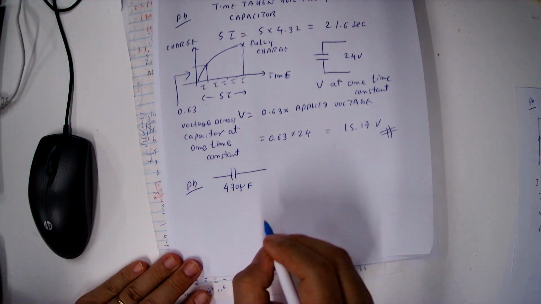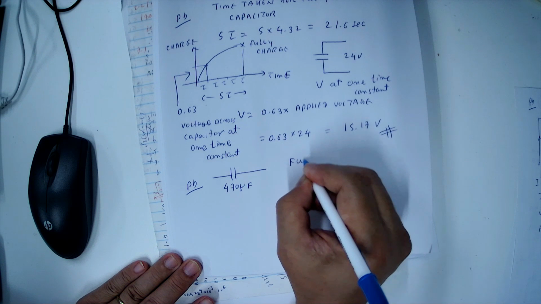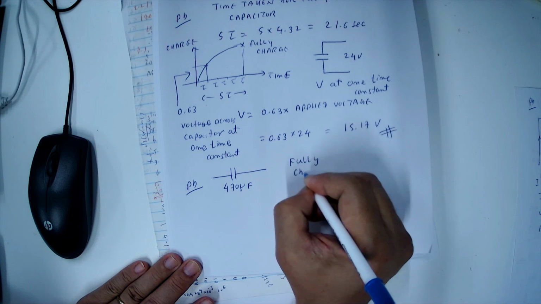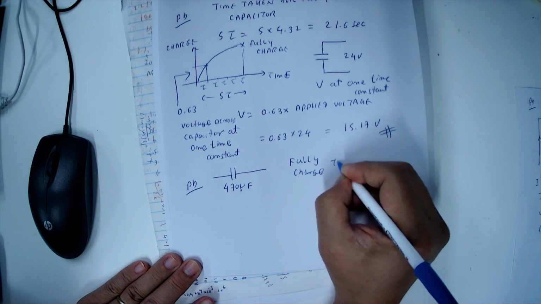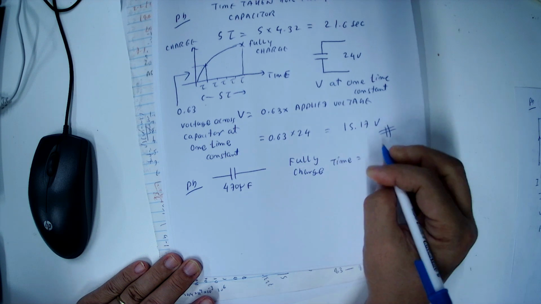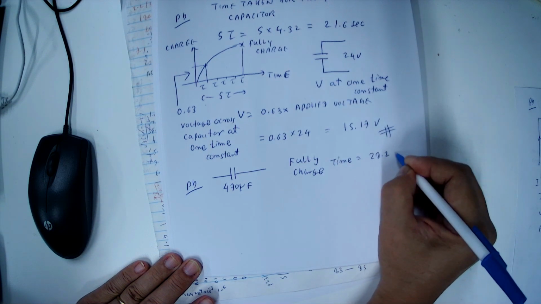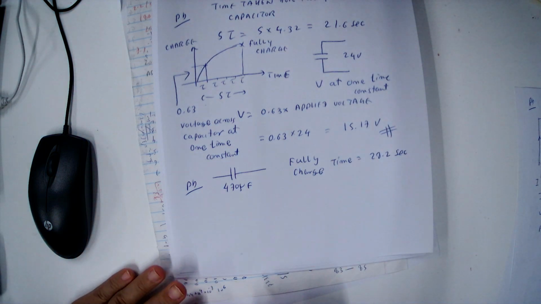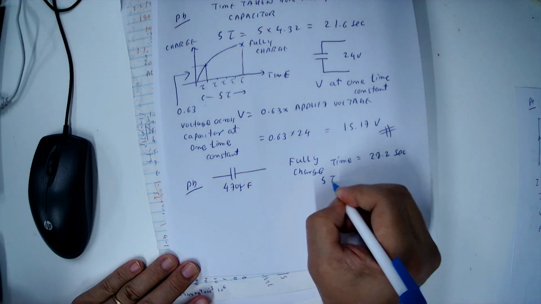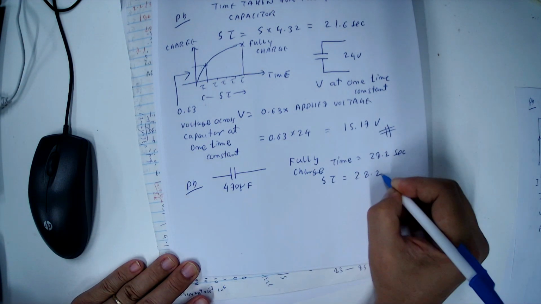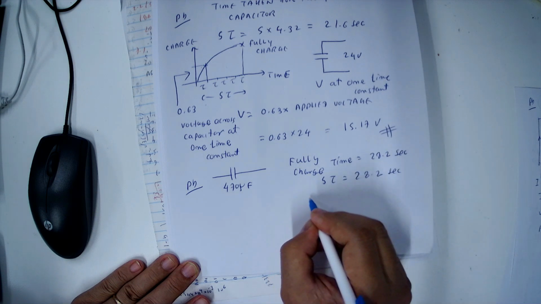The time required to fully charge is 28.2 seconds. Fully charged means 5 time constants is 28.2 seconds. So we have to calculate the time constant.